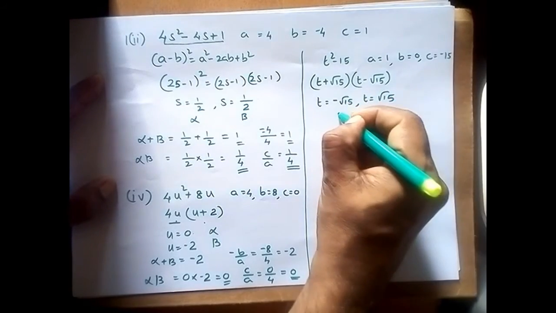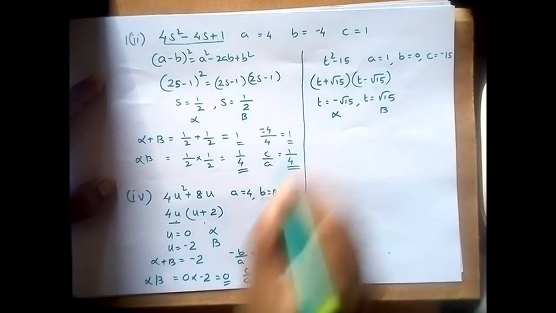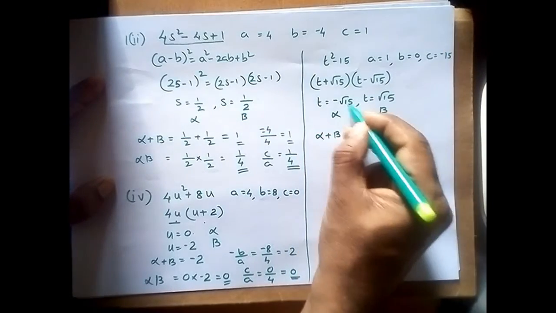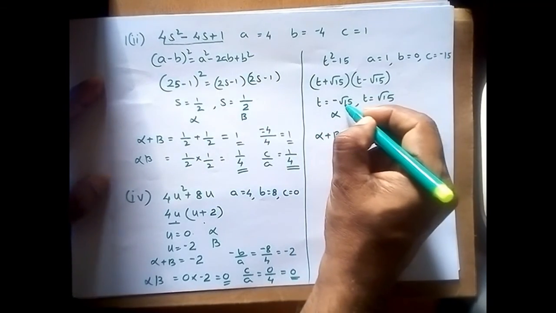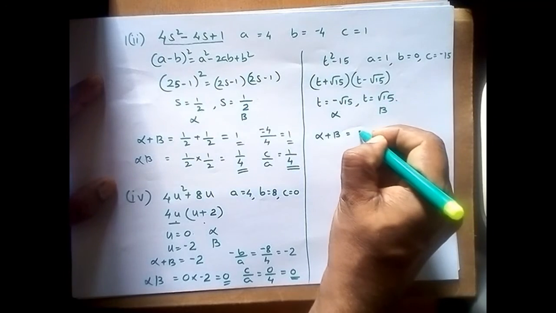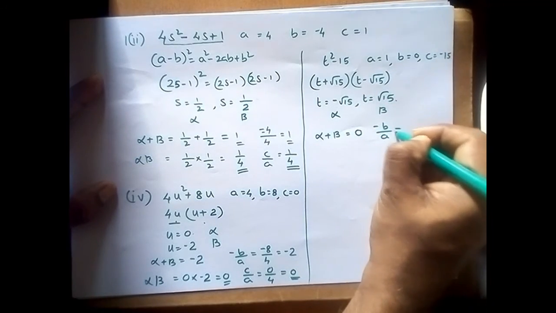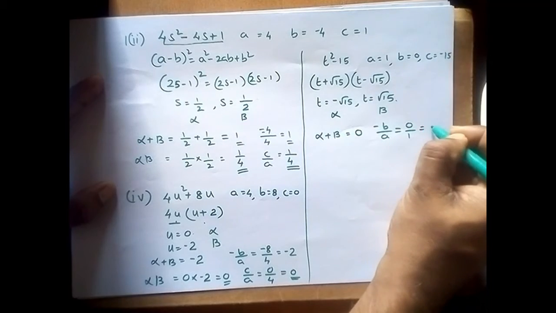This is alpha, this is beta. What is alpha plus beta? Clearly alpha plus beta is equal to minus root 15 plus root 15, both added together we are getting 0. What is minus b by a? Minus b by a is equal to 0 by 1, that is equal to 0.